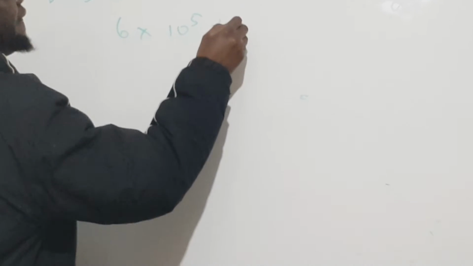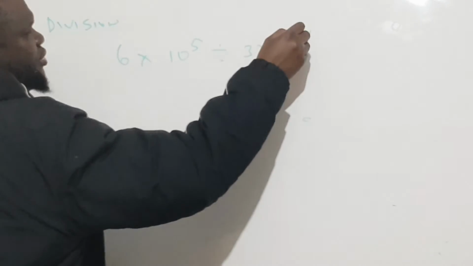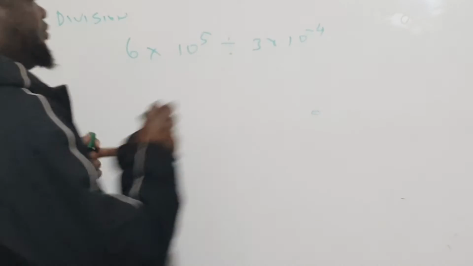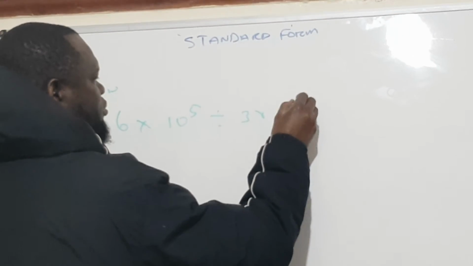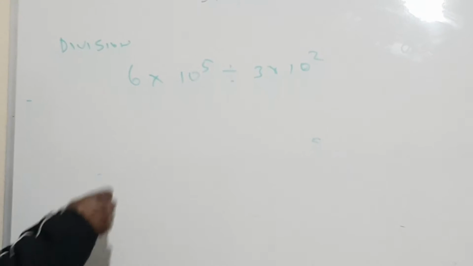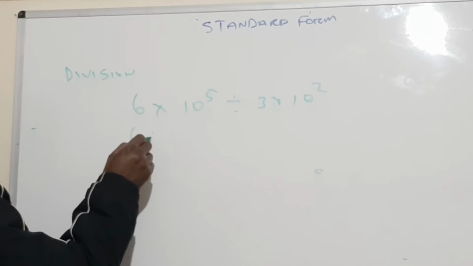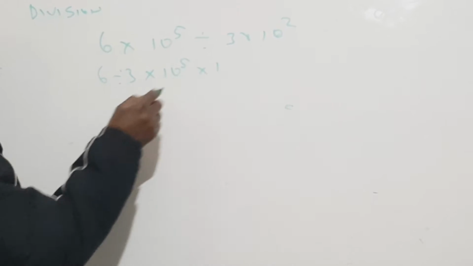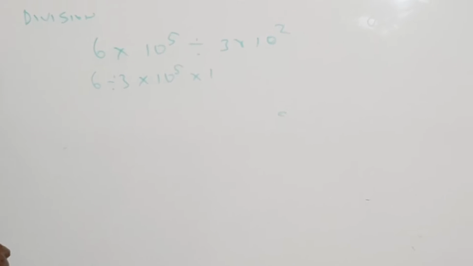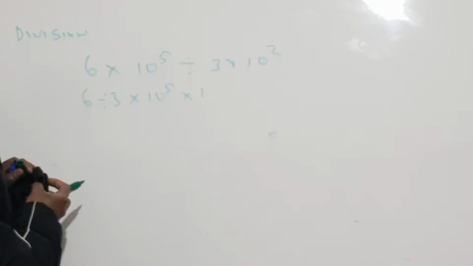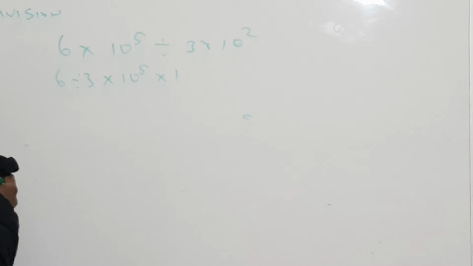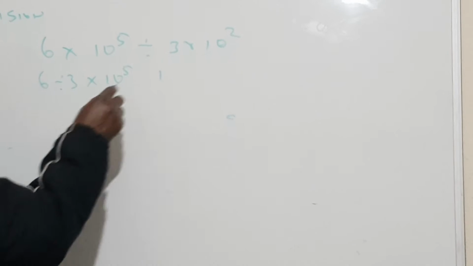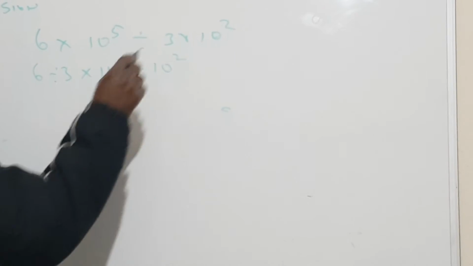Now imagine you say 6 times 10 to the power 5 divided by 3 times 10 to the power 2. Let me do a simple example first. What we have to do is 6 divided by 3 times 10 to the power 5 over 10 to the power 2.